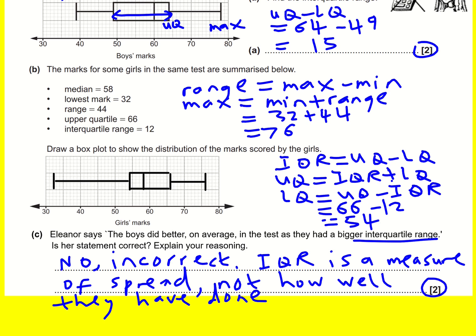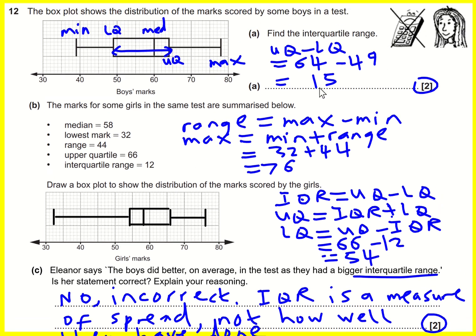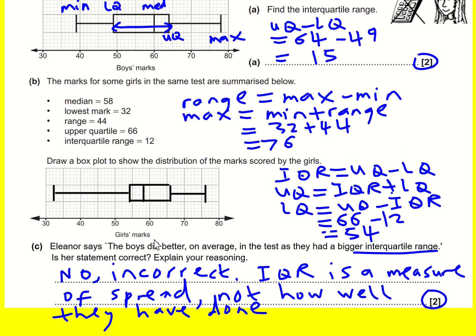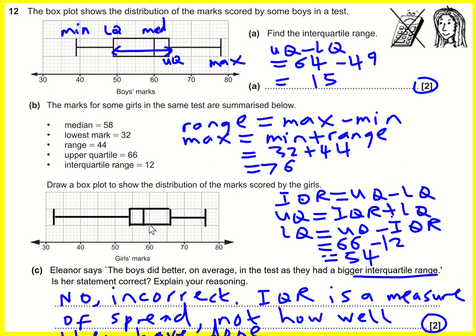So actually, because the boys have a larger interquartile range, they are less consistent. There's a larger spread with 50% of their data. So you could write that if you wanted to. You could potentially talk about whether the boys did do better. Now, what do we need to actually use to decide that?